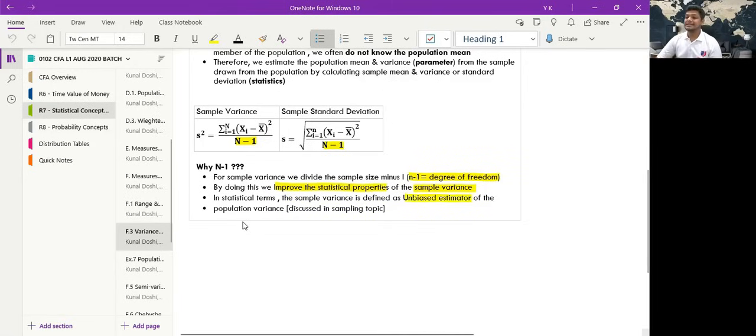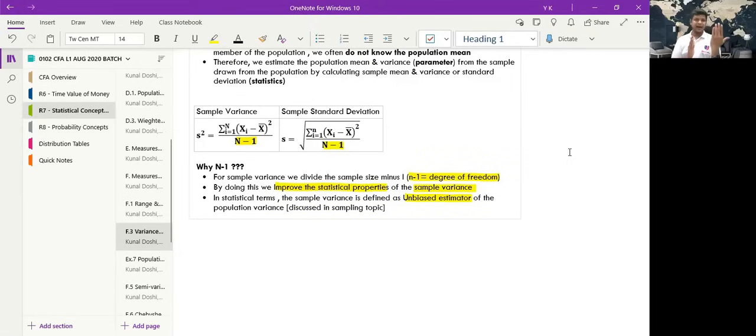After you divide by n minus 1, your sample risk will be slightly higher than the population. Now we show a true picture to the client: the risk may be slightly higher, not lower, because we are taking a sample. If you do this, it is called an unbiased estimator. If you don't do this, it is called a biased estimator.